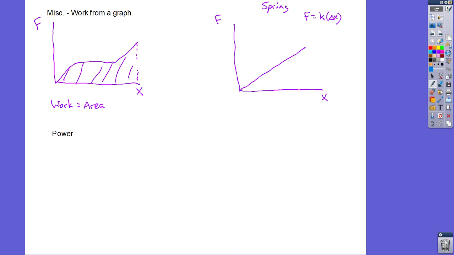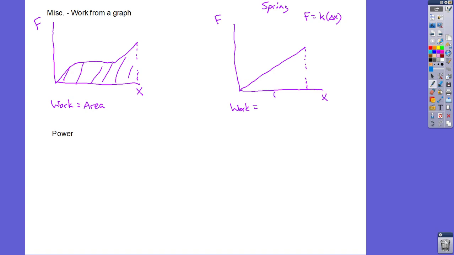And so what you get is that the work done by that is equal to the area, and so we have the area of a triangle.